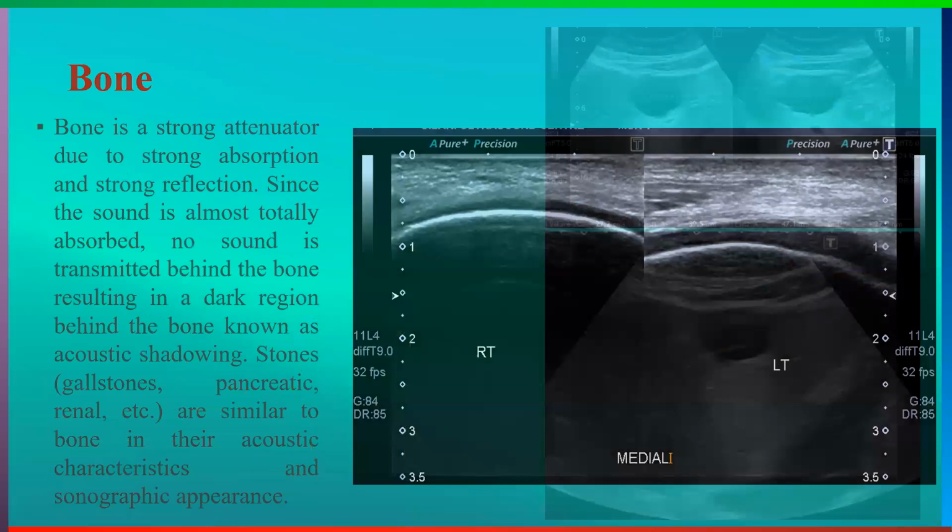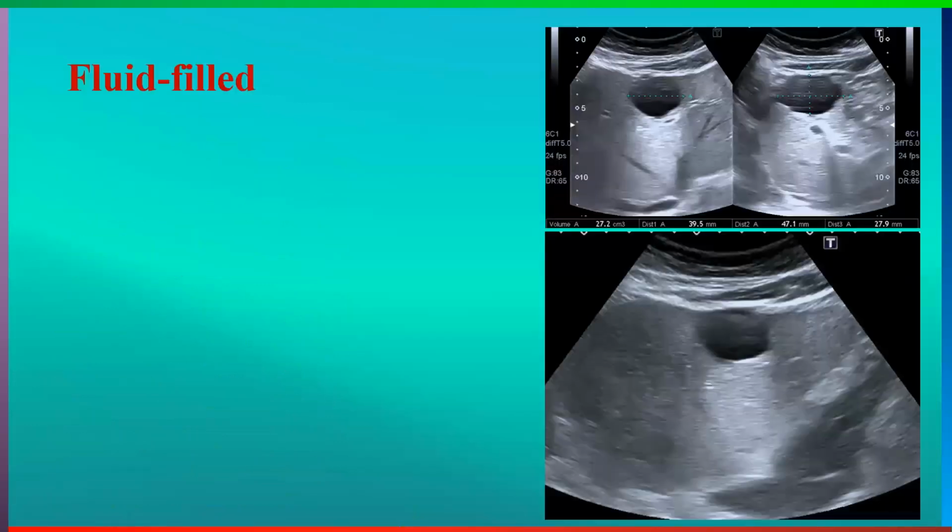Now here you can see this is a cystic structure, a fluid filled structure, and you can see a distinct posterior acoustic enhancement. As you already know, this is a cystic structure and there is low attenuation in it, but the tissues adjacent to it on either side are soft tissue, and there is an attenuation of 0.5 decibel per centimeter per megahertz in these adjacent tissues, but there is almost low or no attenuation in the cystic structure.